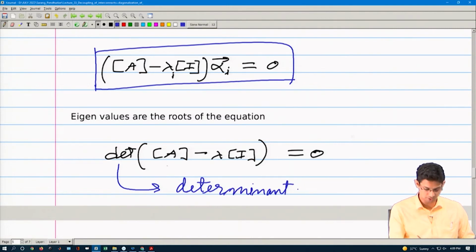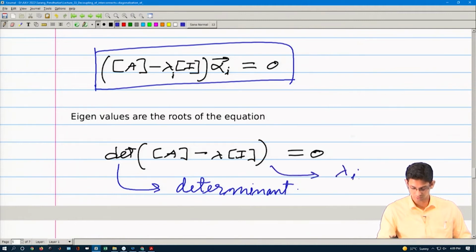This is the determinant of this matrix A minus lambda I. So, you put that determinant equal to 0, you solve the roots, and this equation will give you lambda i's.